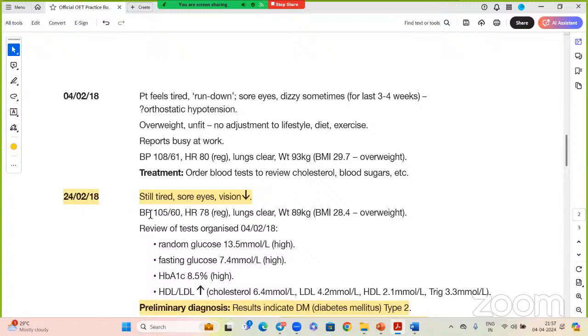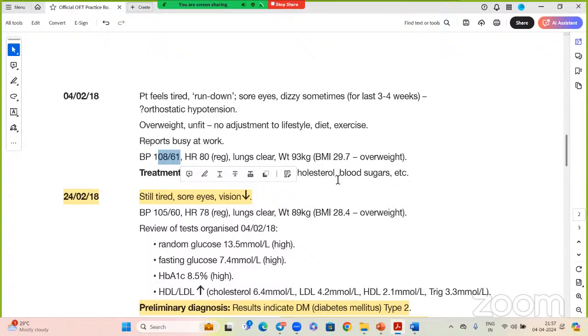Blood pressure is 105/60. Okay. And here it is 108/61. You can see that.